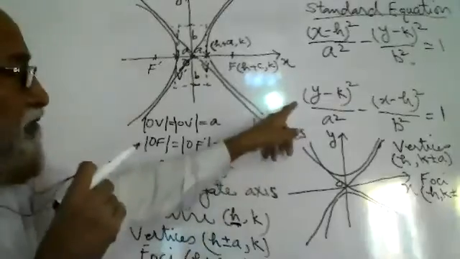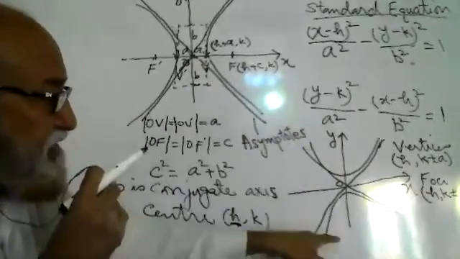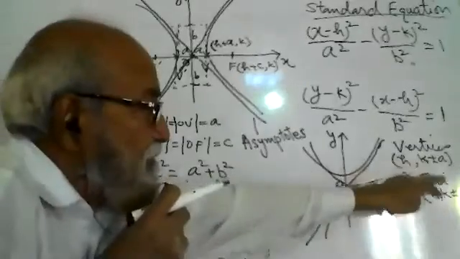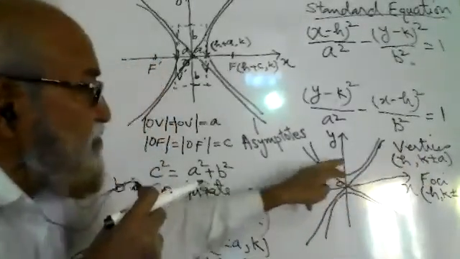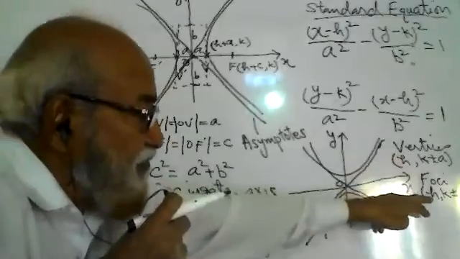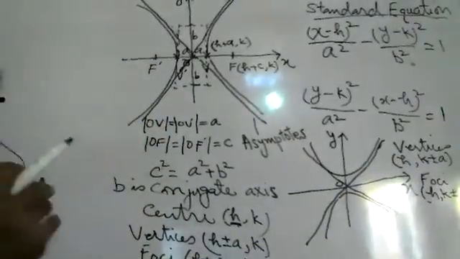In this case, when y is positive, the transverse axis will be along the y-axis. So we will add and subtract the value of a for the vertices. The x coordinate will remain as it is, just like the ellipse.